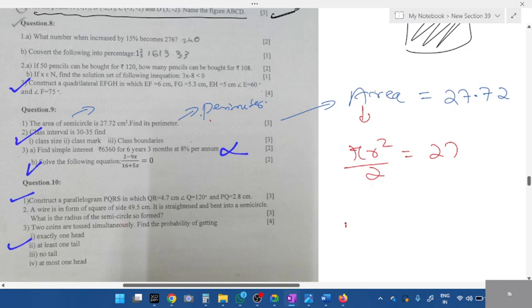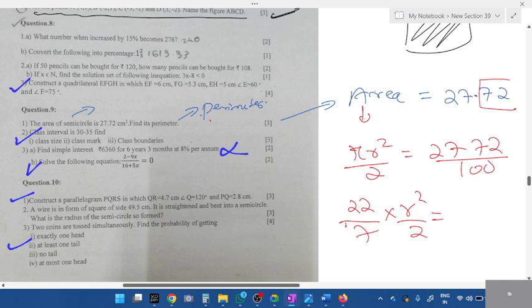Next, pi value is not given. I told you all to take 22 by 7 as pi value. 22 by 7, r square divided by 2 is equals to 277.2. When you remove the decimal, you have to multiply by 100. See, 2 numbers, 2 zeros.